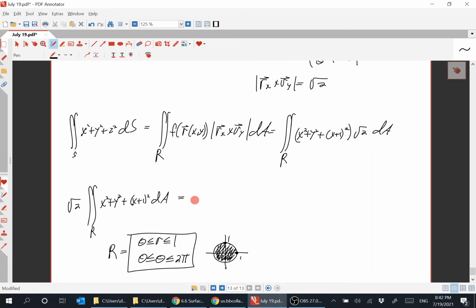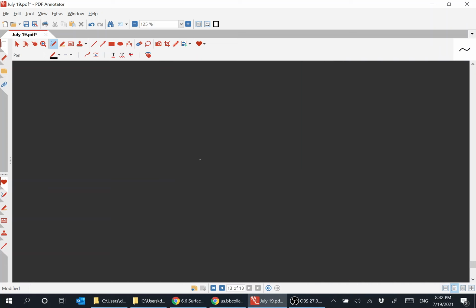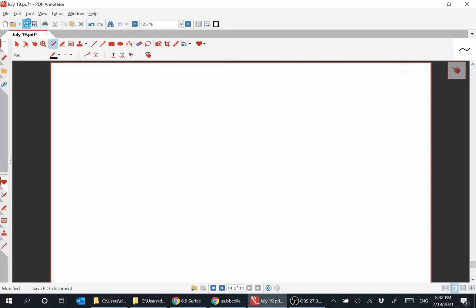Right, so this is the square root of 2, and the conversion to polar coordinates, 0 to 1 for r, 0 to 2 pi for theta. Well, x squared plus y squared is just r squared, but this is nasty. This is (r cosine theta plus 1) quantity squared, and that whole thing, r dr d theta. I don't see any way of doing that other than this: conversion to polar coordinates.